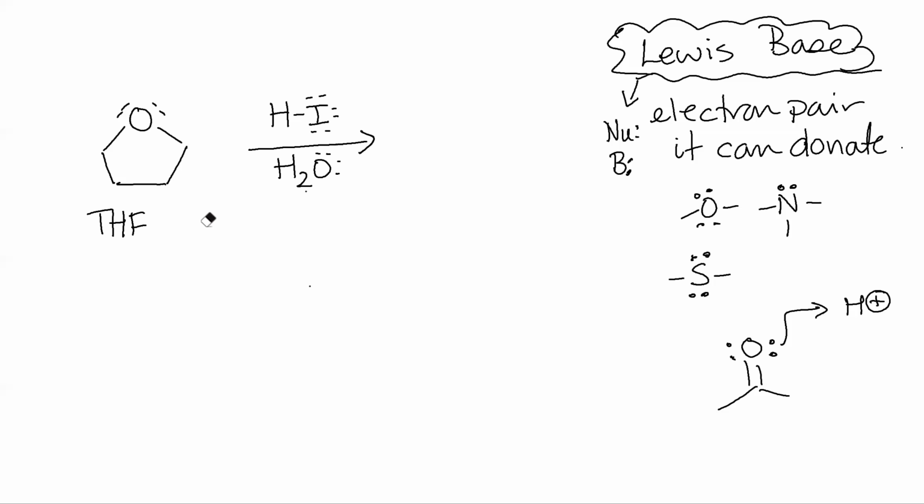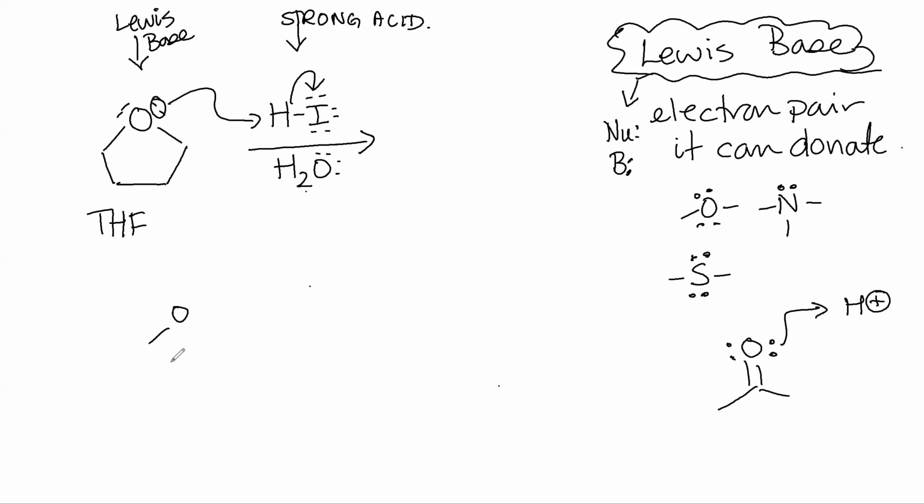We have a strong Bronsted acid, and we've got a Lewis base, which means that this can be a Bronsted base too, right? So the first step is that these electrons are just going to come and grab this proton, and our iodide is going to leave. We probably even might have had this question on the midterm right at the very start of the year.